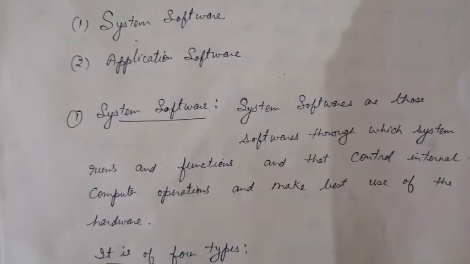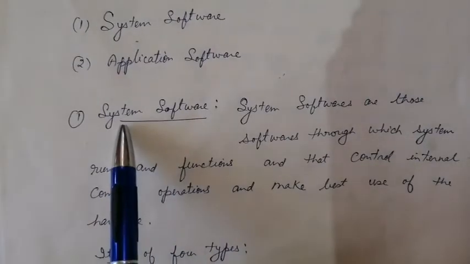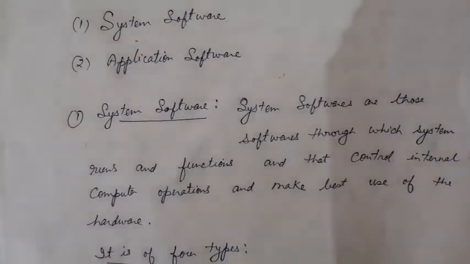As the name says, it is software which runs the system. Very simple. That is system software. For example, any operating system software like Windows, Linux, Unix, DOS, Macintosh.